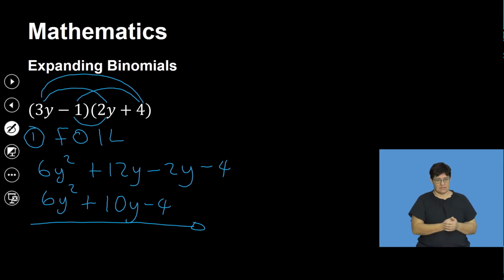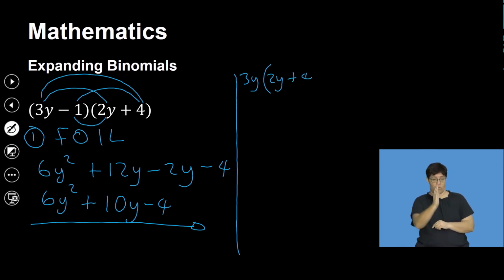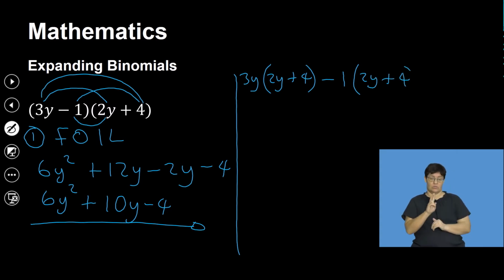That's the first method. If we use the very first thing that we did in this lesson, which is the distributive property, I would then say 3y open bracket, 2y plus 4, and then minus, remember I said we maintain each sign that we have, 2y plus the 4, right?